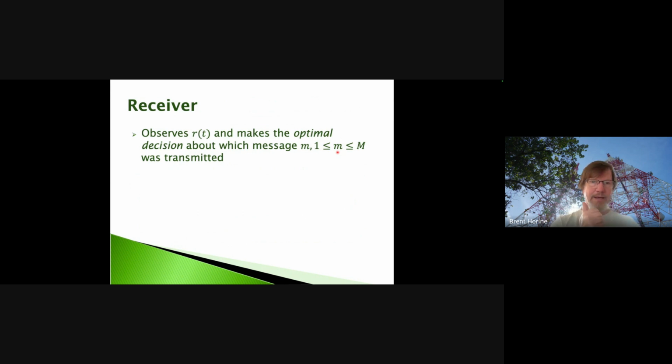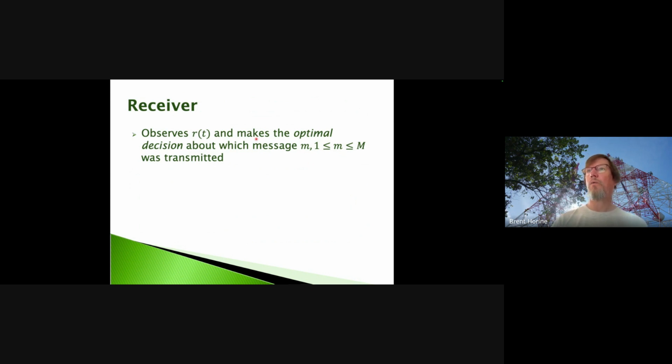We might have k bits coming in, we look at those and map that to a particular symbol. We showed a 64-QAM constellation earlier, 8 by 8 in a rectangular format. Each one of those little plus signs in that diagram was one of these M symbols. In that case, M was 64.